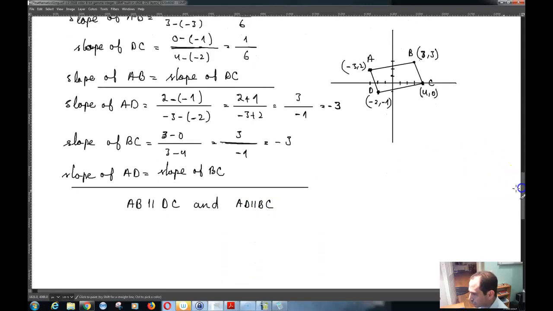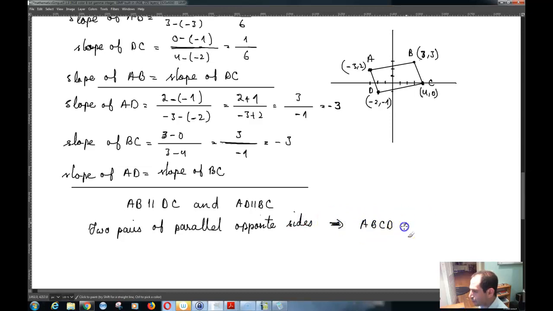That means that this quadrilateral has two pairs of parallel opposite sides, which means that ABCD is a parallelogram.